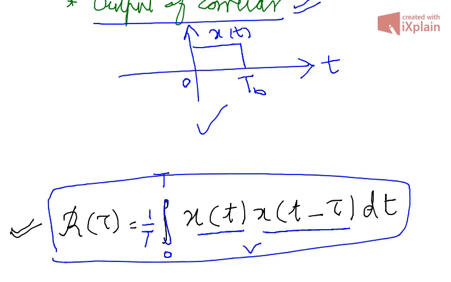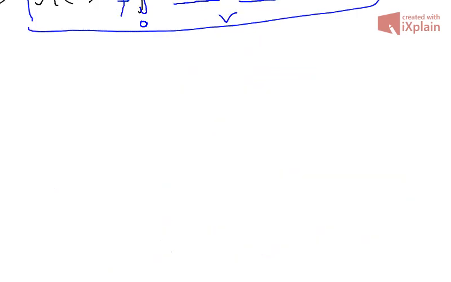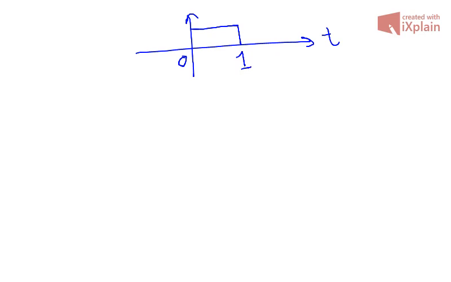Now, if we are interested in finding out the autocorrelation of this function, let me draw the correlation function. If you observe your pulse, it is this waveform. We have a time domain pulse which exists from 0 to, let me simplify it, a period of unity, 0 to 1.